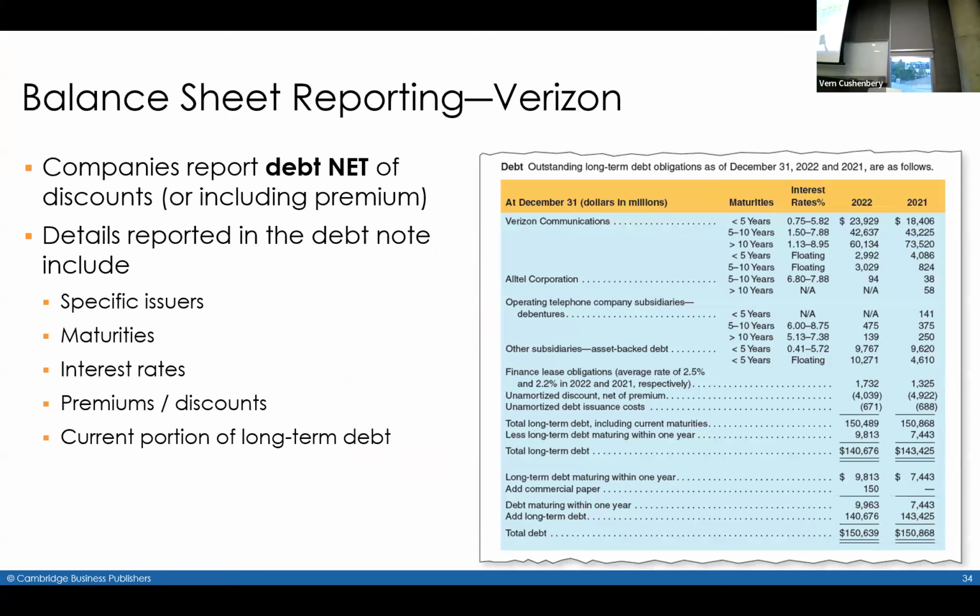You have maturities ranging from less than 5 years all the way out to greater than 10. Each of those issuances have an interest rate associated with them. So you can see that the interest rates go from 0.75% on the low end, all the way up to, looks like 8.95% on the high end.